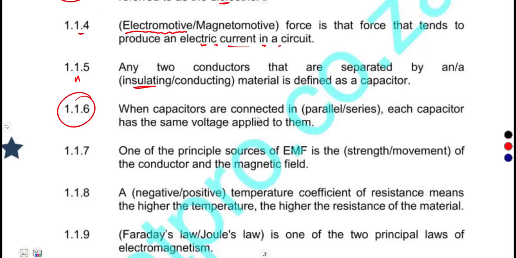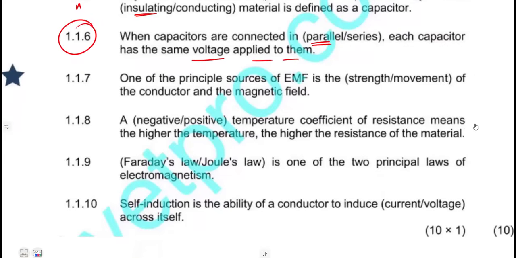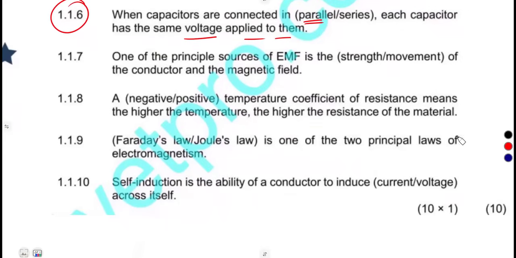All right, so that is the concept in 1.1.6. When capacitors are connected, each capacitor has the same voltage applied to them, that is in what? In parallel. When capacitors are connected in parallel, the voltage that we have is the same throughout. So in series, it is the charge that you consider being the same. 1.1.7, one principal source of EMF is what?